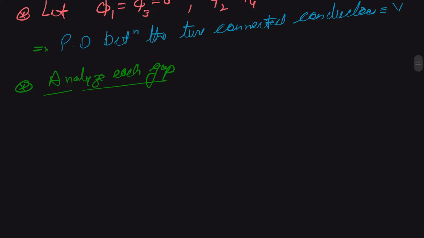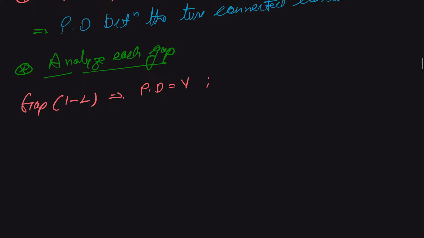First is gap 1, between plate number 1 and plate number 2, and in that case the potential difference between plate number 1 and plate number 2 is equal to V. And if the charge between these two is suppose Q12, this will be equal to C0 times V. So plate 2 is at a higher potential, and plate 1 is at the lower potential.